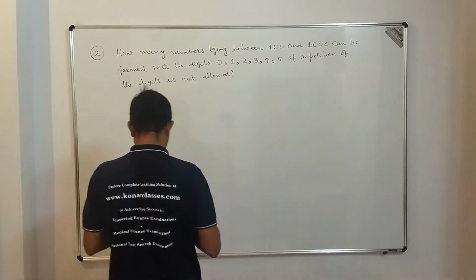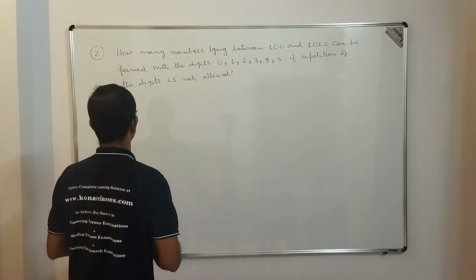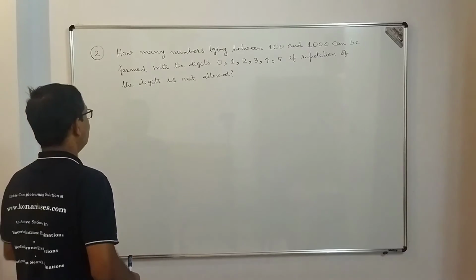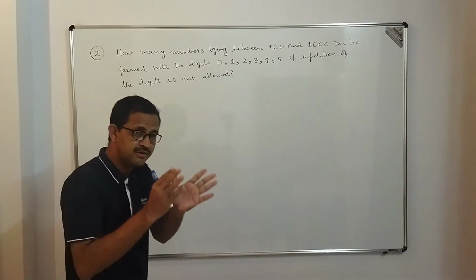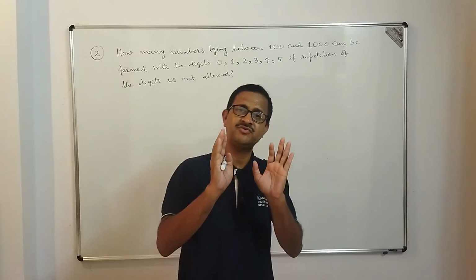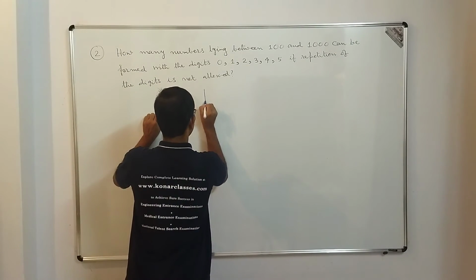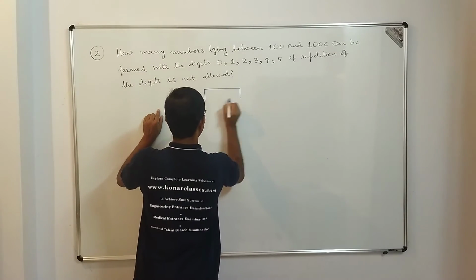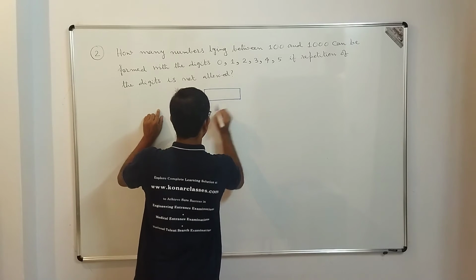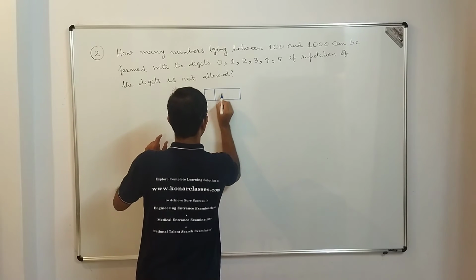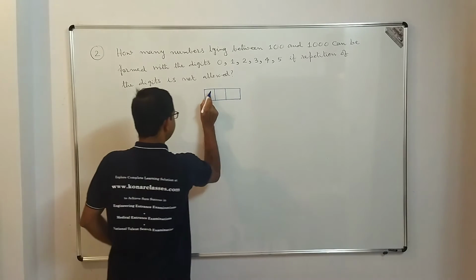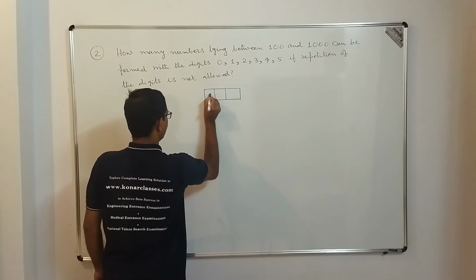Okay, so let's look at it. First, understand the question. How many numbers lying between 100 and 1000? That means it has to be a 3-digit number. There is one constraint in this 3-digit number, that is the hundreds place. It cannot be 0.